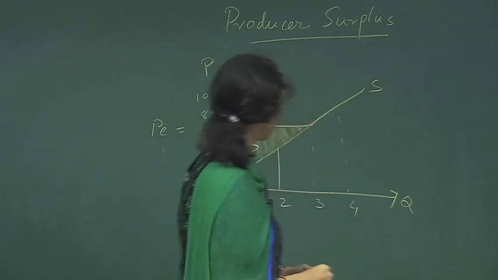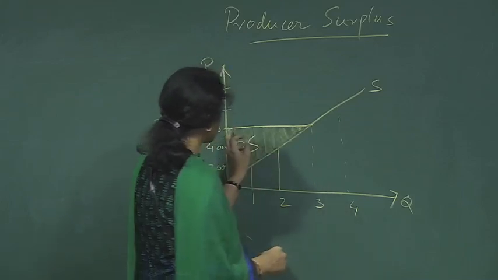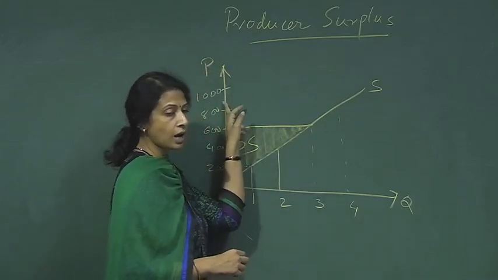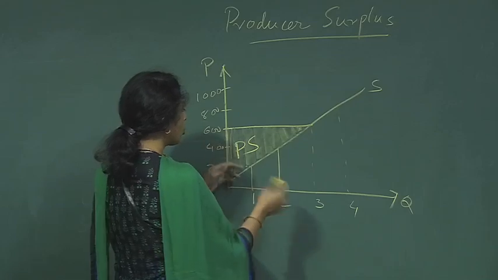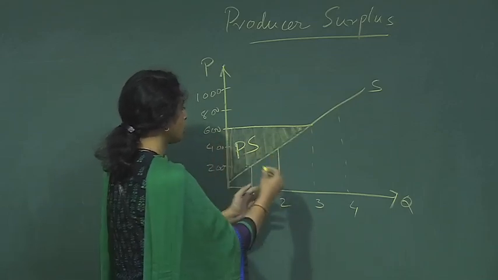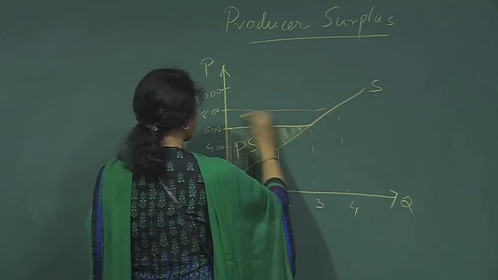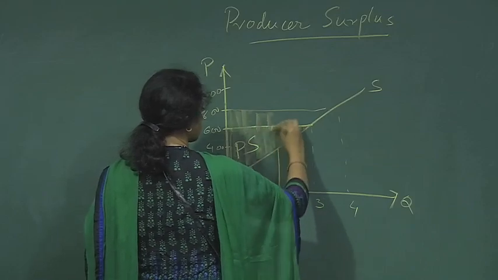So, what happens to producer surplus when the price goes up? When price goes up, more sellers enter the market with more surpluses. Say if it becomes 800, producer surplus goes up.